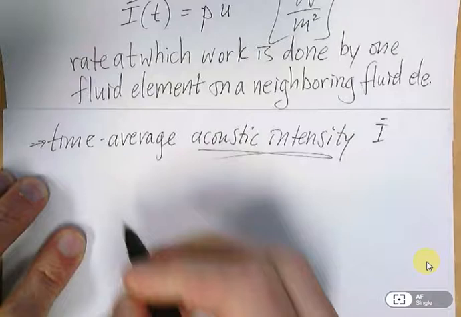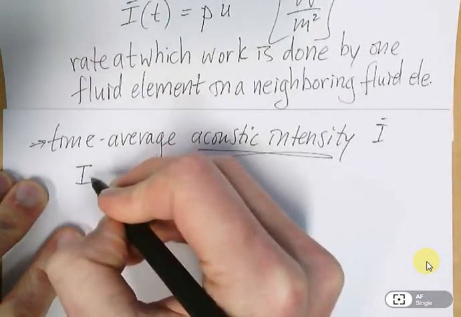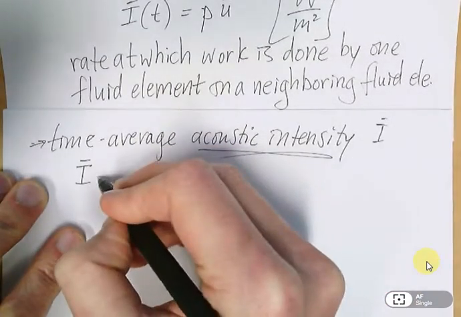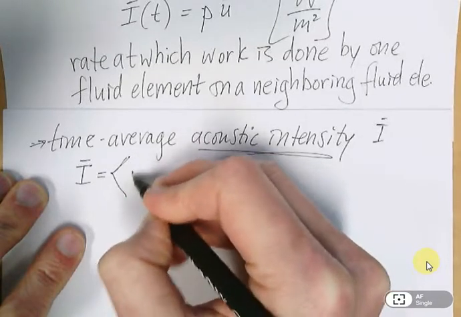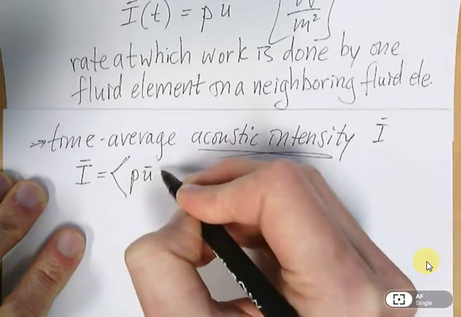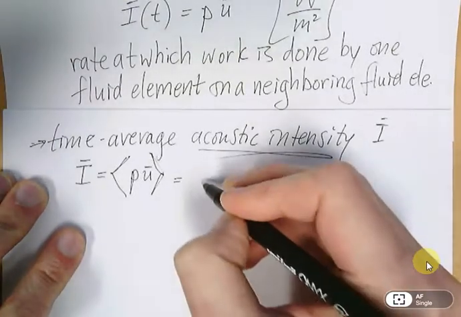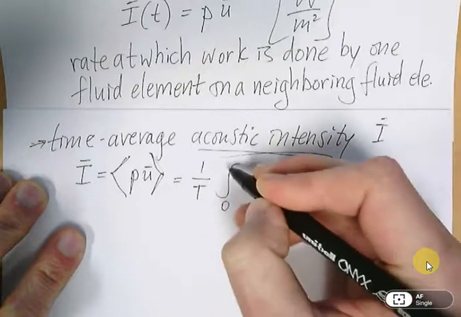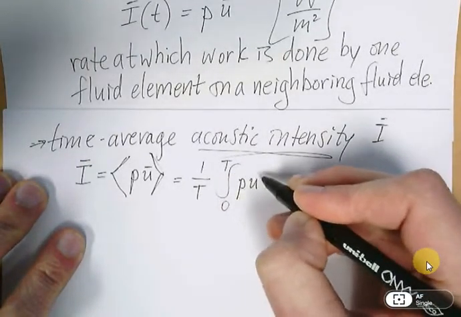And of course, if we're starting with our intensity as a product of the particle velocity and acoustic pressure, just take the time average of those two quantities, and that gives you the acoustic intensity. So in other words, 1 on time, the integral on time of the acoustic pressure and the particle velocity.